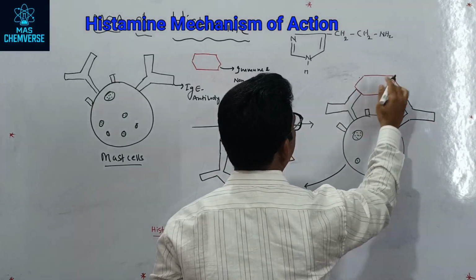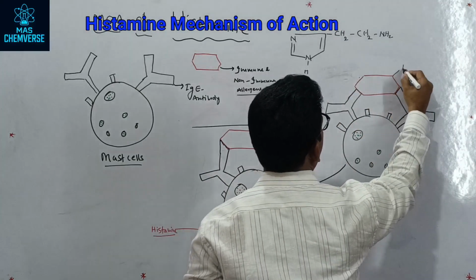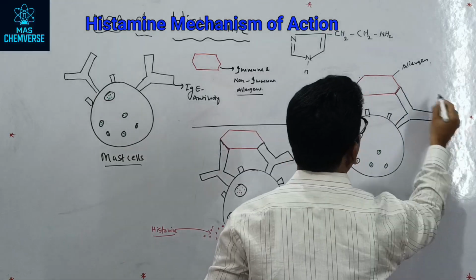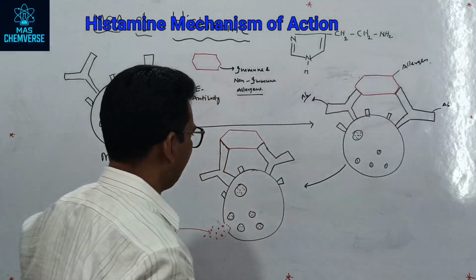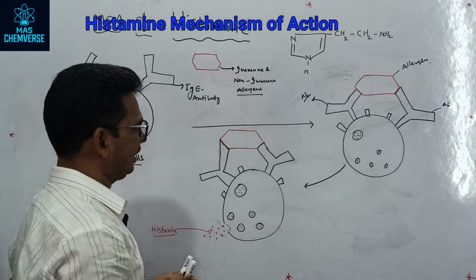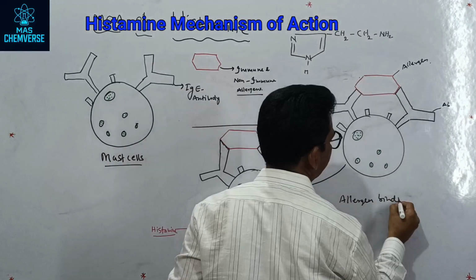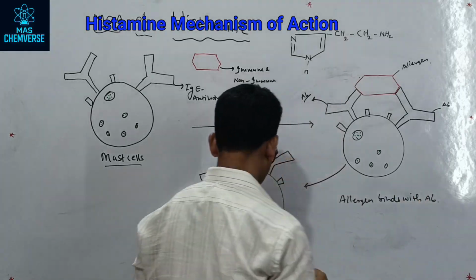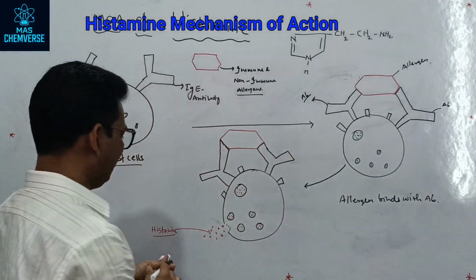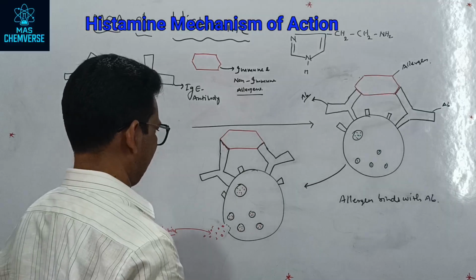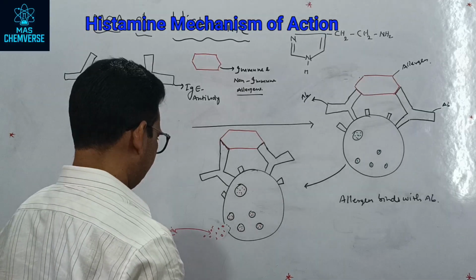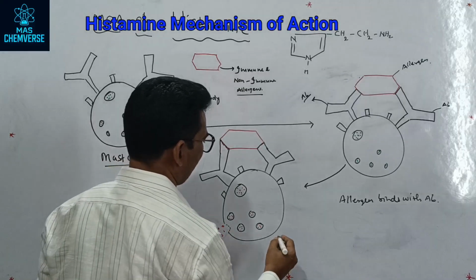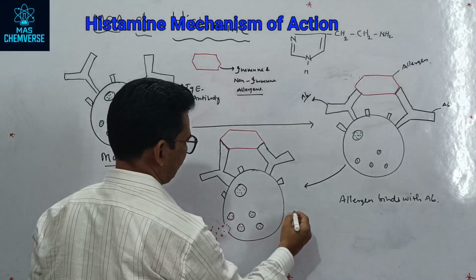Here you can see this is the allergen, and these are the antibodies. Allergens bind with the antibodies, and in this case, when the allergen binds with the antibody, the mast cells release histamine. This release of histamine from the mast cells is called exocytosis.